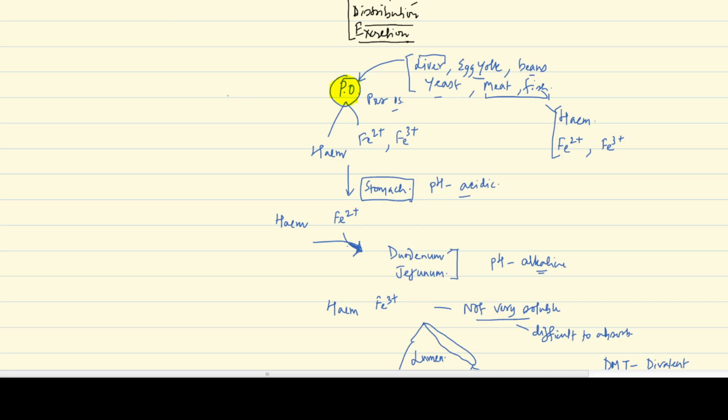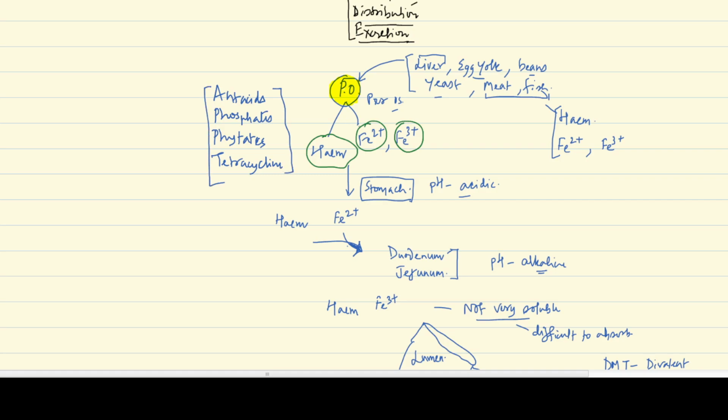antacids. If at the same time that the person is taking heme and these iron-rich compounds, the person is also consuming, for example, antacids, or phosphates, or phytates, or maybe a drug like tetracycline, what could happen is it can interfere with the absorption of iron.